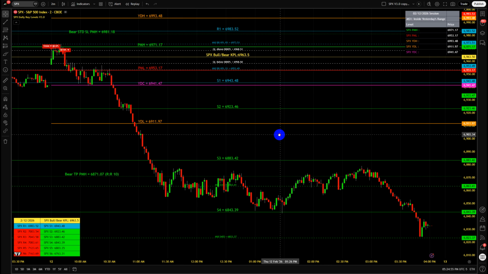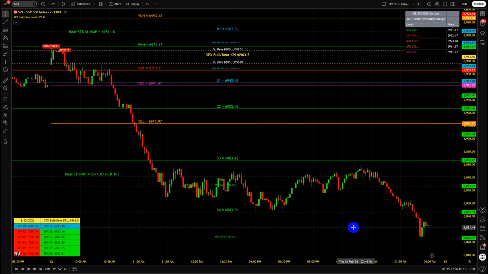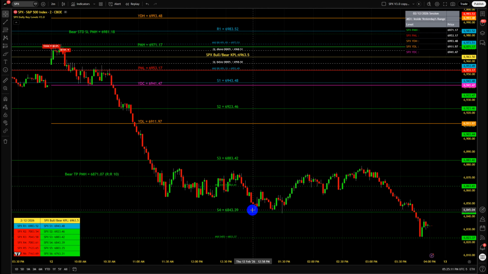Then later in the session, at the end, we had a complete collapse and went down to stop right at mid S4, S5 before a slight bounce up from that. So as you can see, we had a couple of attempts to touch S4. This one went just a little bit short. This one wicked through it a little bit, and then finally at the end of the day it collapsed through it.